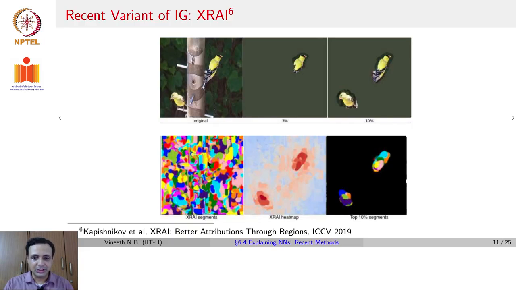And you take that region, and if you take the top 3% of such segments, you would get this region. If you take the top 10% of such segments across all your segments, you would get these two regions, and these would be the corresponding XRAI heat maps. So it's a way of extending integrated gradients to reasoning at the level of segments instead of pixels.